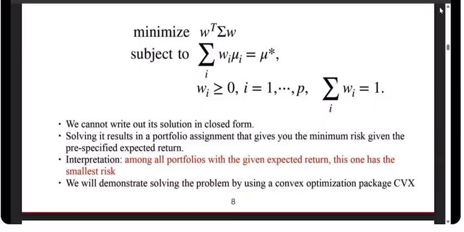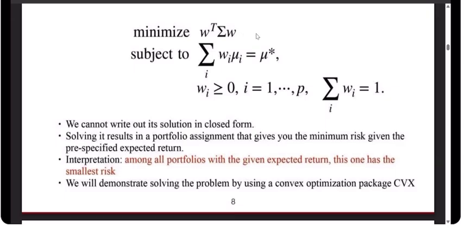Let me tell you this. This objective function can be in two forms. Please pay attention. This is the first form. You know what this is trying to tell me? I already have a given expected return. How can I minimize the risk?